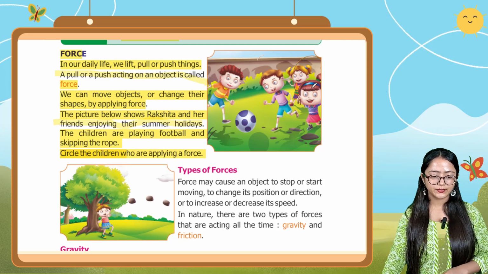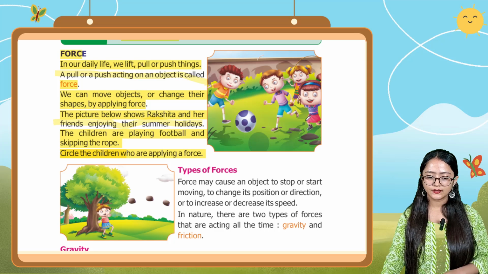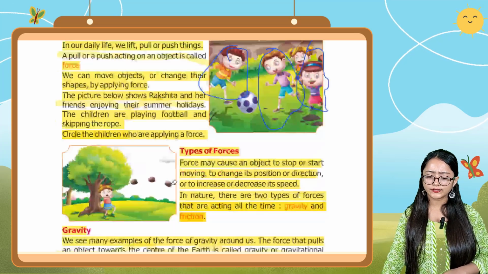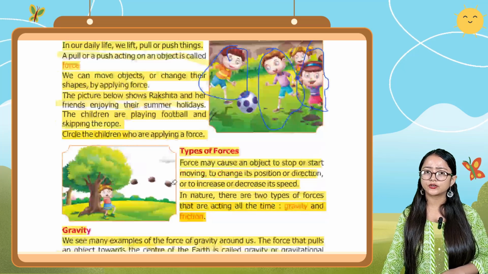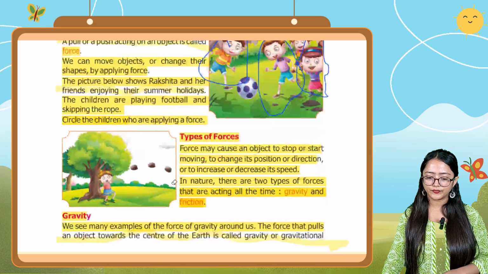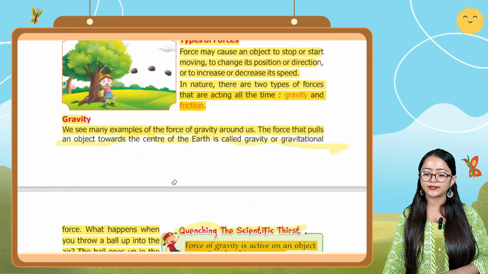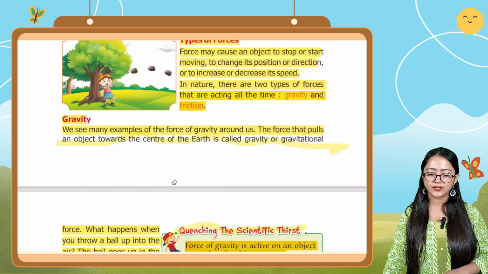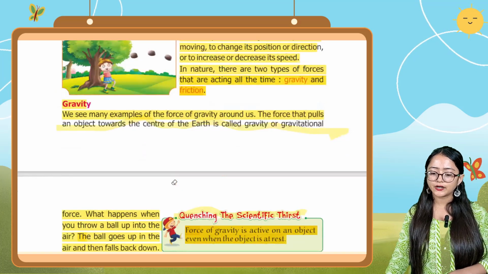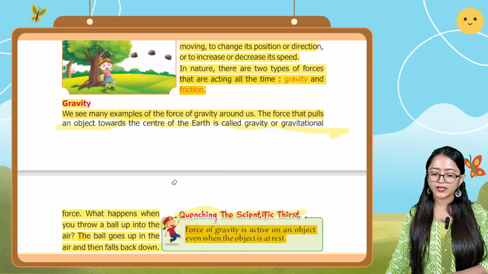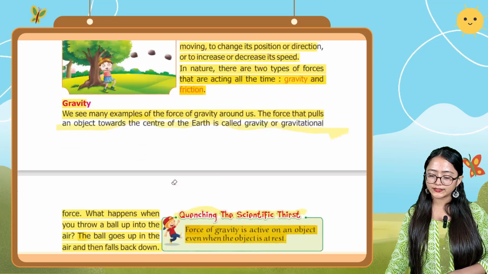Now next one, types of forces. Force may cause an object to stop or start moving, to change its position or direction, or to increase or decrease its speed. In nature, there are two types of forces that are acting all the time.